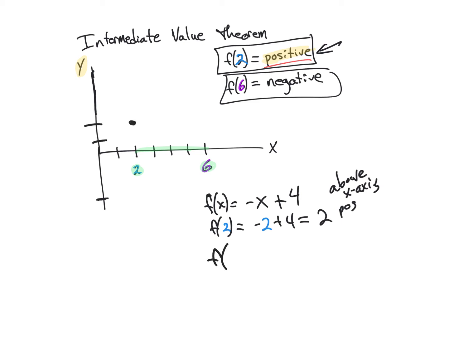All right, and then I use that same function, and let's put a 6 in there. Negative 6 plus 4 gives me a negative 2.